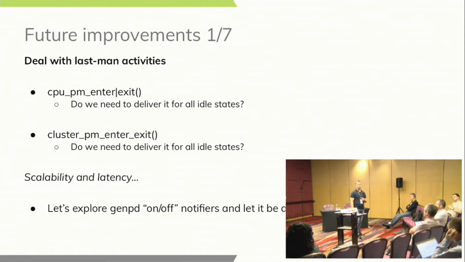For that reason, in the long run, I think we need to explore the GenPD domain on-off notifiers, because GenPD has this topology information, and you can already describe this in DT today. It makes sense to explore that path.